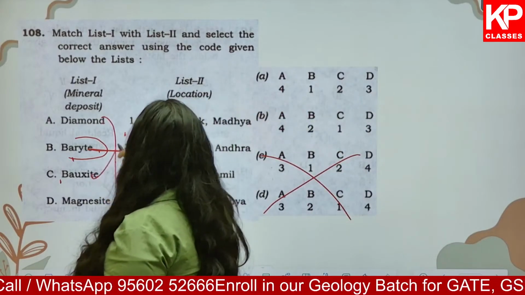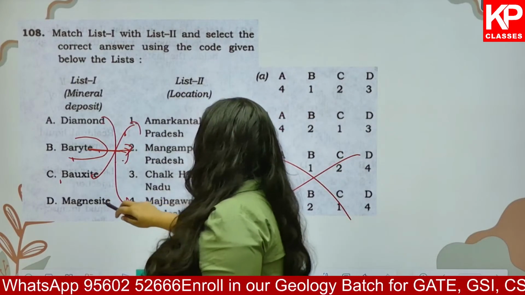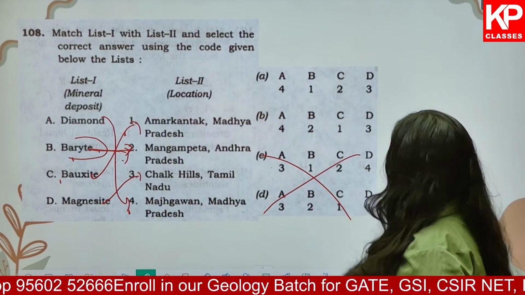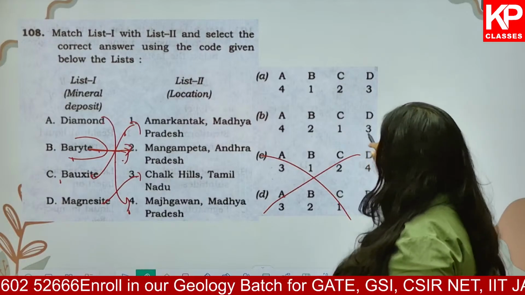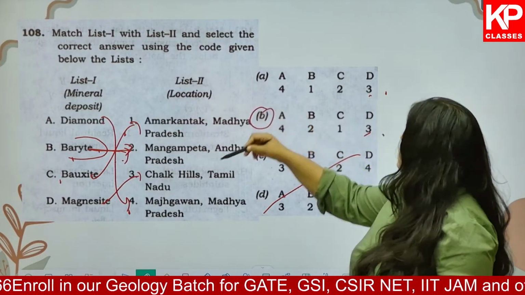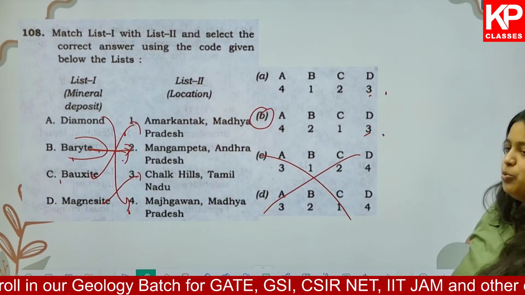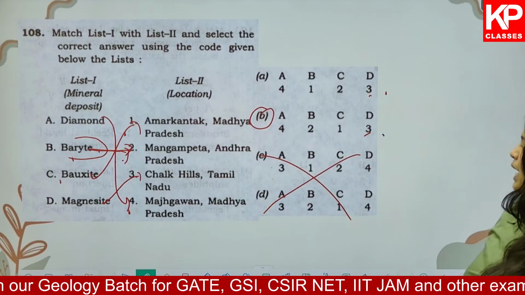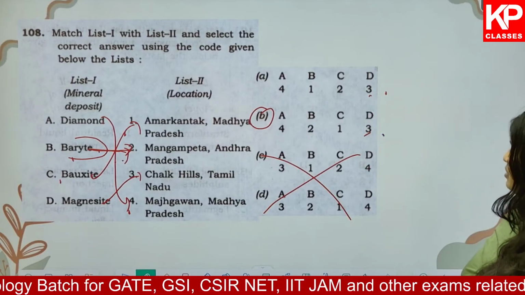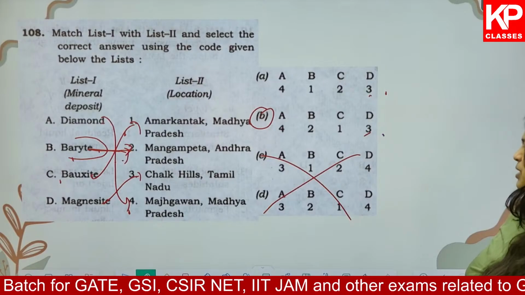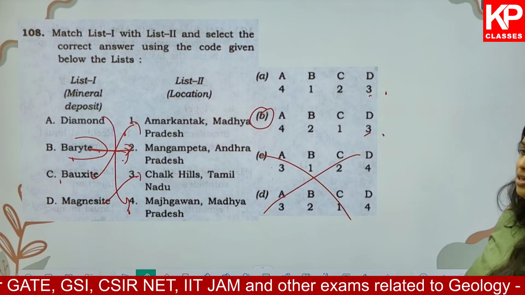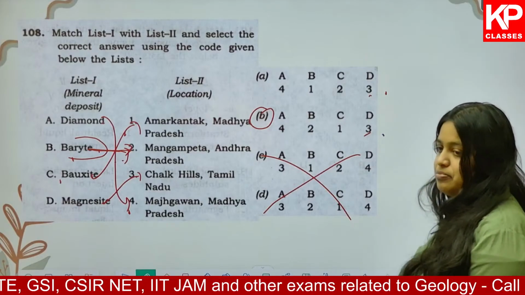Then bauxite in Amarkantak, Madhya Pradesh, magnesite in chalk hills, Tamil Nadu. So the answer will be D3, then A4, C1. The answer will be B. So if you know about the magnesite deposition and diamond, you got the answer. With that you require one more, barite or bauxite, Mangampeta barite, Amarkantak bauxite.